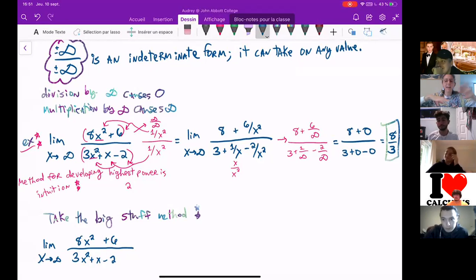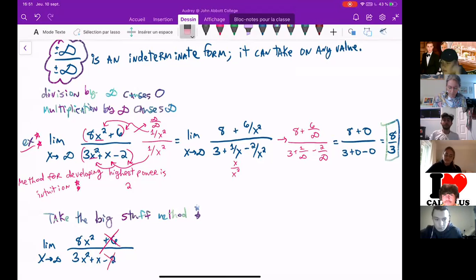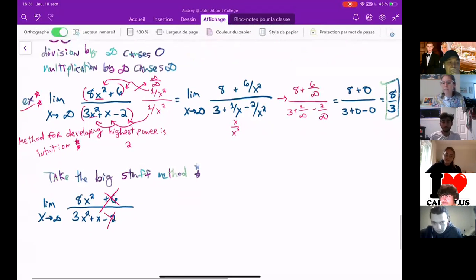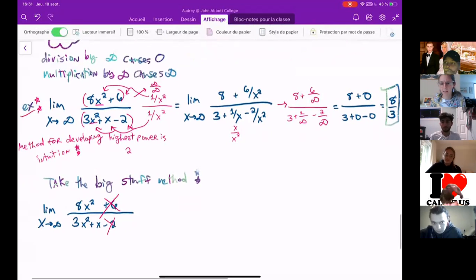No. That 6 is so small when we get to infinity that it doesn't matter. I can just pretend it's not there. It is infinitely smaller than 8x squared. It's not changing anything, in the same way that -2 also doesn't matter. If I have infinity and I subtract 2 from it, that literally changes nothing.